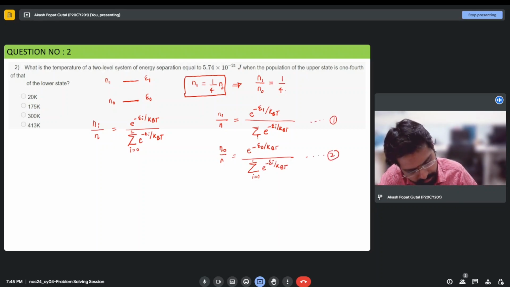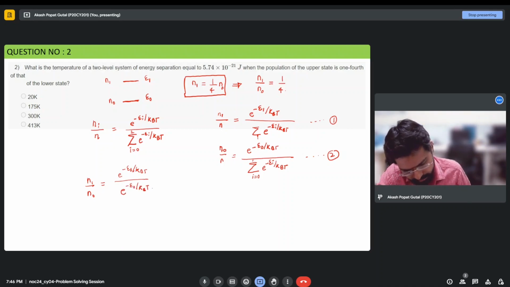If we divide equation 1 by 2, what will we have? N1 by N naught, which is e raised to minus epsilon 1 by kBT divided by e raised to minus epsilon naught by kBT.